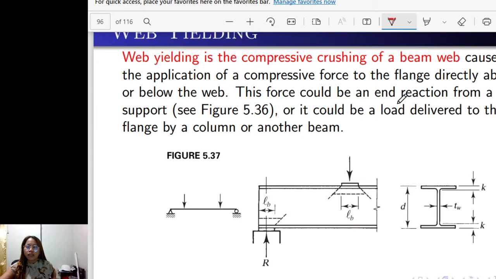This force can be an end reaction from a support, or it could be a load delivered to the top flange by a column or another beam.